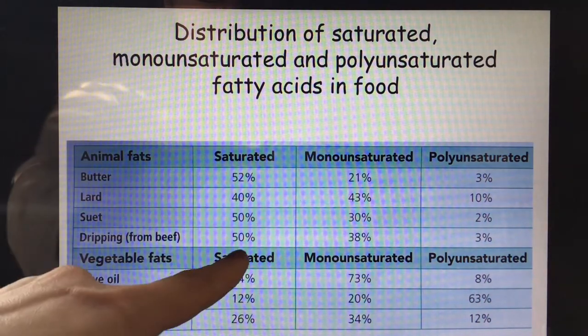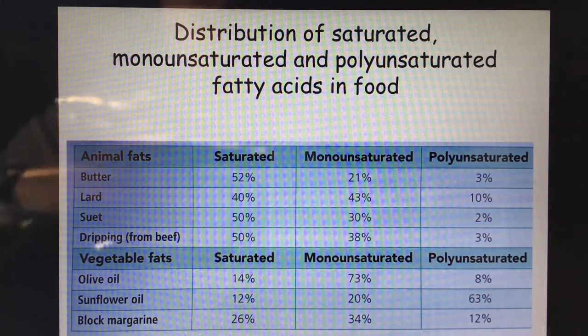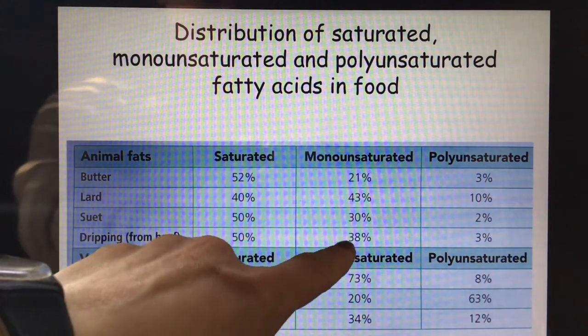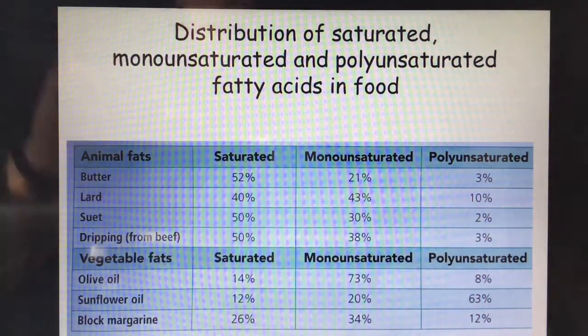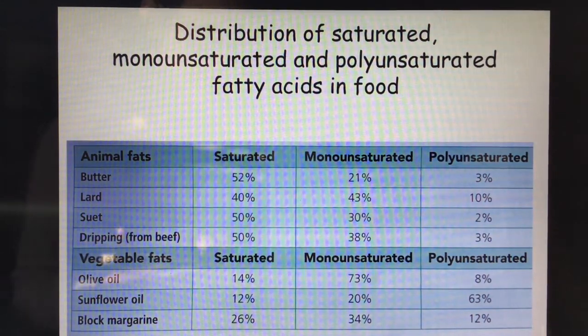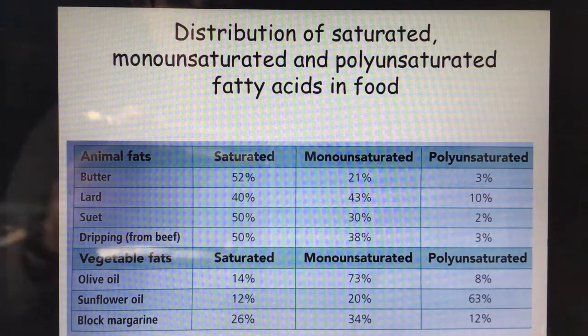You might be surprised to see that the fat that rises to the top of the meat juices after you roast beef, the white fat that gets hard on top, has 38% monounsaturated fats and 3% polyunsaturated. So the point is, it's not a golden rule that just because it comes from animal sources or vegetable sources that it's going to be one type of fatty acid or the other.